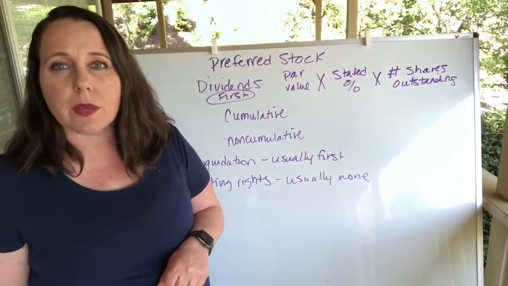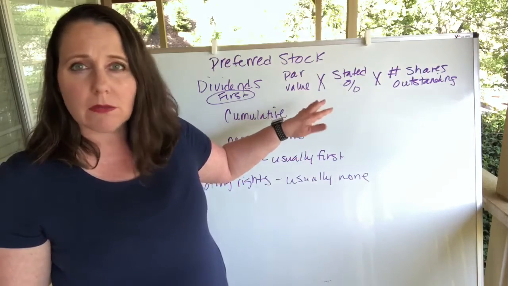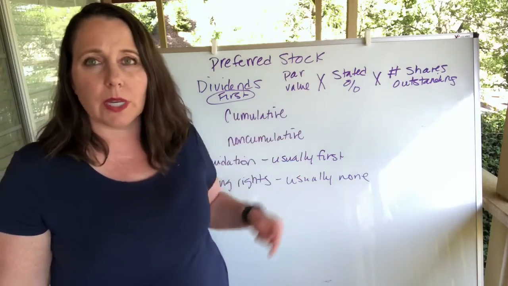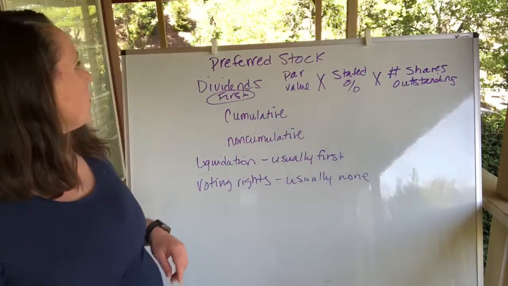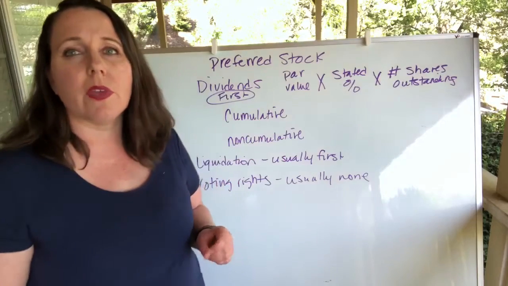And we're going to go through some examples. So go ahead and write that down, but don't worry about how to apply it yet because we're going to get to that. All right, so dividends can be cumulative or non-cumulative.